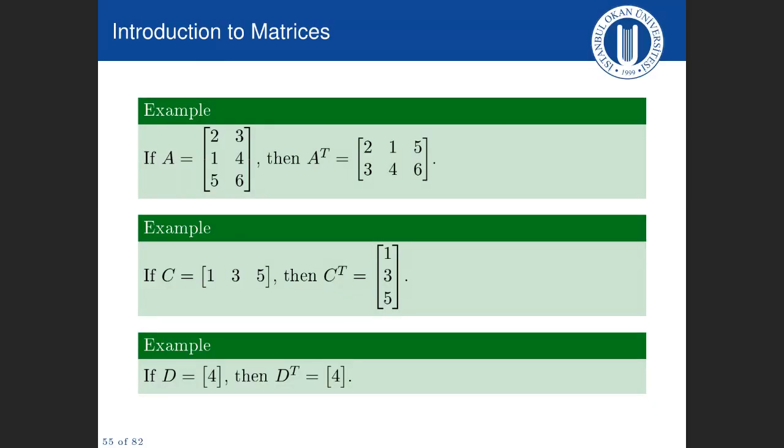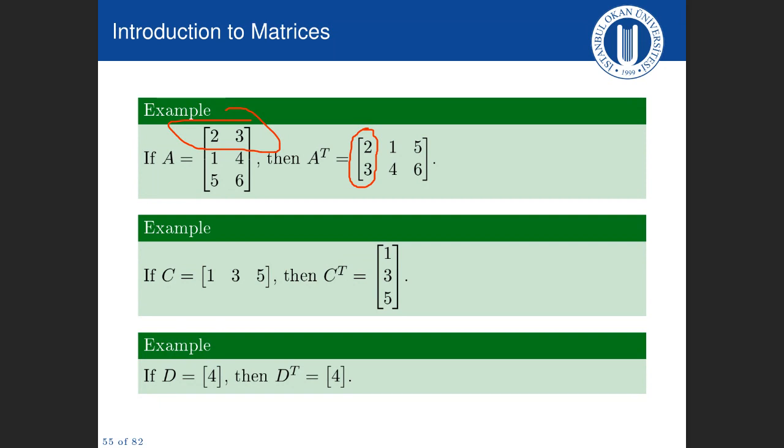So for example, if capital A is the 3 by 2 matrix, 2, 3, 1, 4, 5, 6, then A transpose is the 2 by 3 matrix, 2, 1, 5, 3, 4, 6. The first row of A becomes the first column of A transpose, and so on.